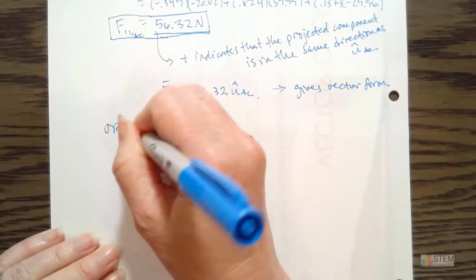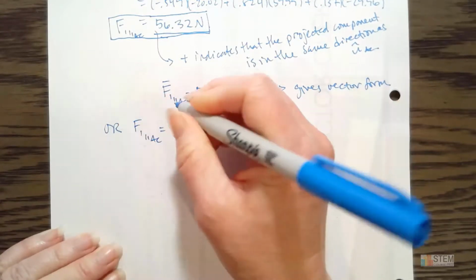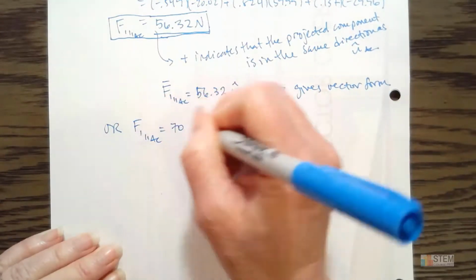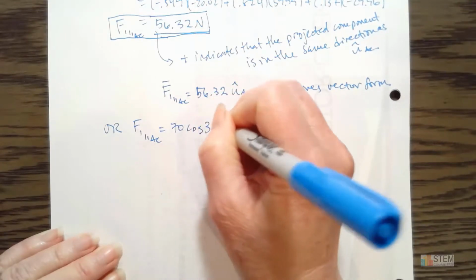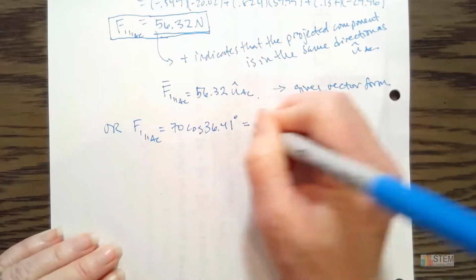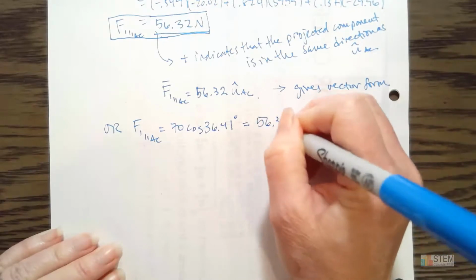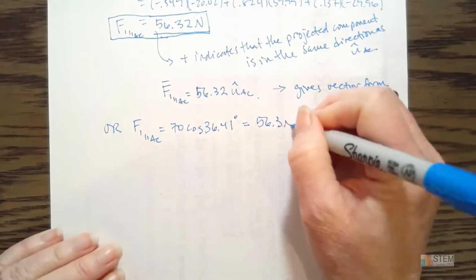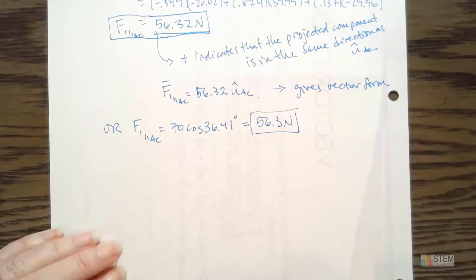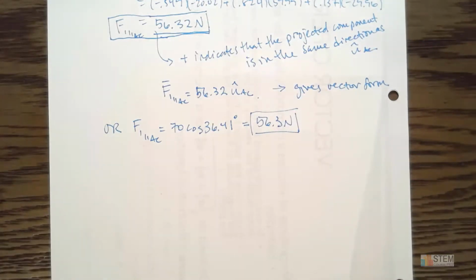Okay, so we could also do that. So we could say 70 times cosine 36.41 degrees, and then that equals basically the same thing. So you're going to get that 56.3 newtons.